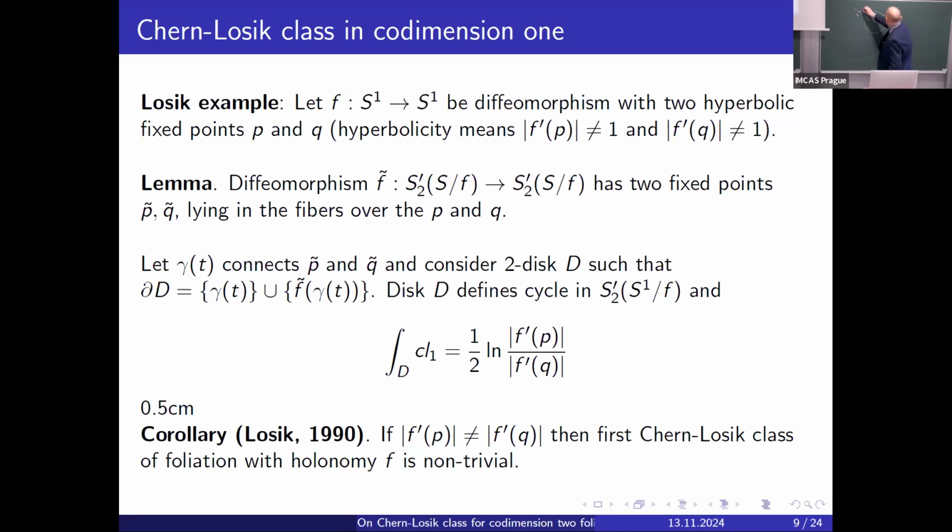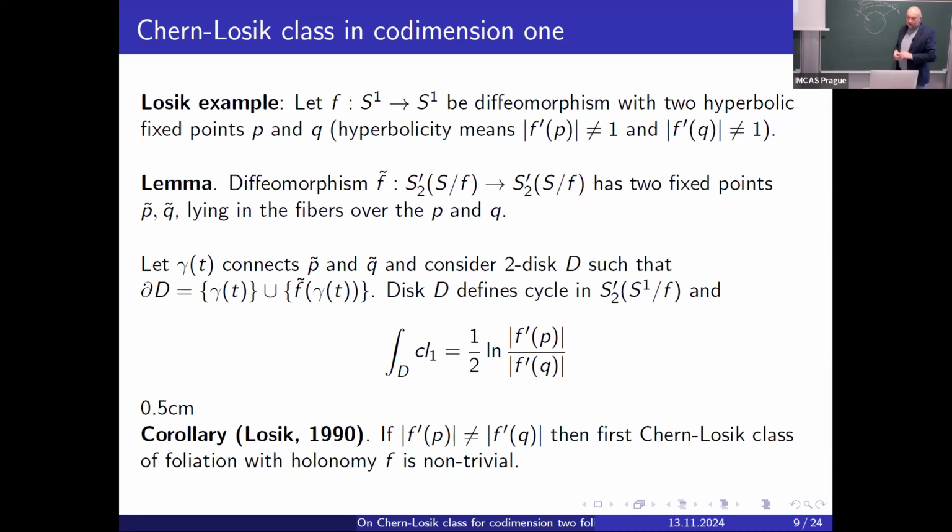Then Losik considered an arbitrary curve, gamma of t, and considered the image of this curve under the f tilde of gamma of t. And then he considered the disk with boundary consisting of these two curves.